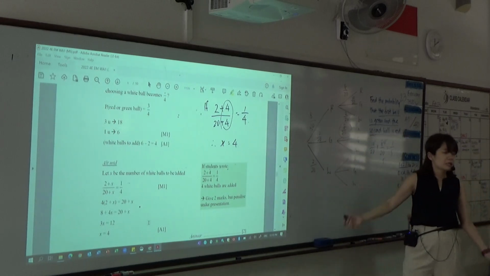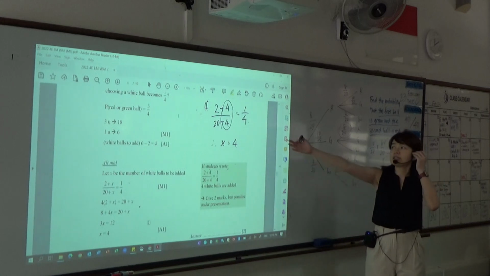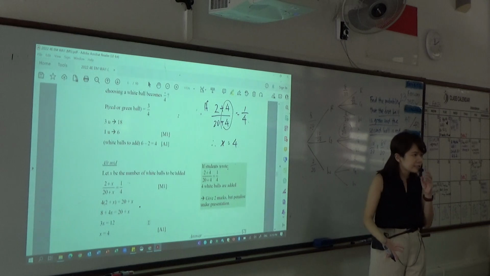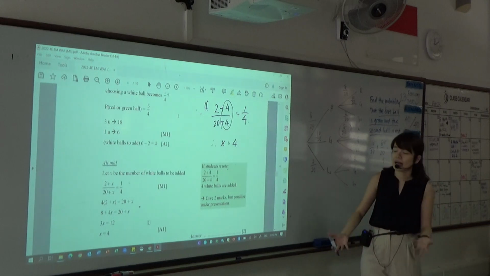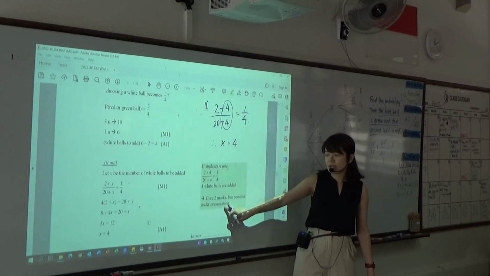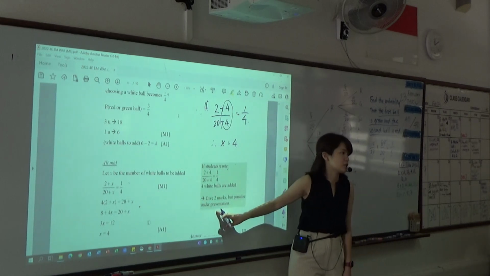Out of so many equivalent fractions, how is it that you got this conclusion? We want a more rigorous process, a sure-proof way of answering. So if you present this way, we penalize under presentation.